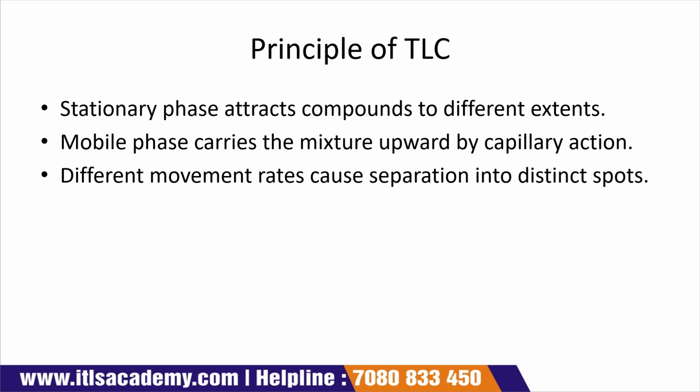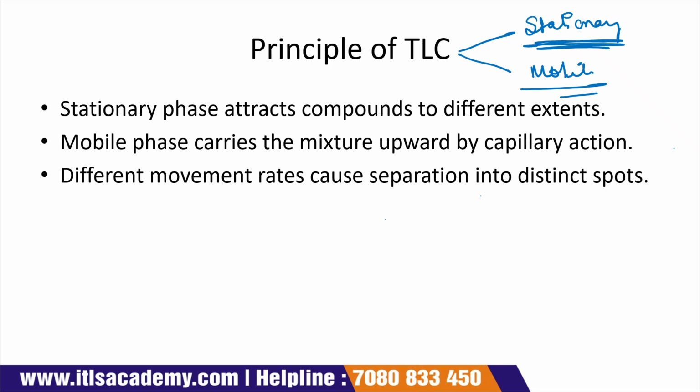Principle of TLC. So we have two phases. One is your stationary and the other one is your mobile phase. Now the component which has more affinity towards the stationary phase is stuck on that stationary phase, and the component which has more affinity with the mobile phase goes upward with the mobile phase by capillary action.